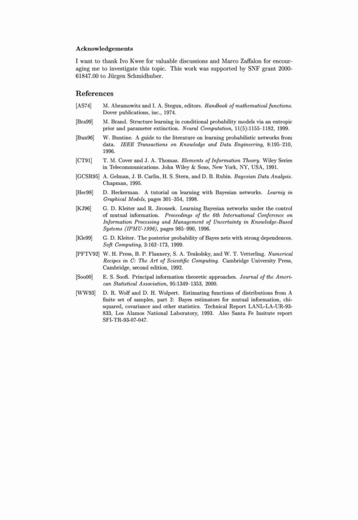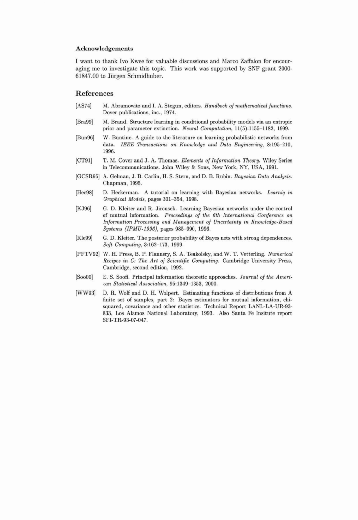Proceedings of the 6th International Conference on Information Processing and Management of Uncertainty in Knowledge-Based Systems, IPMU 1996, pages 985 to 990, 1996. G. D. Kleiter, The Posterior Probability of Bayes Nets with Strong Dependencies. Soft Computing, 3:162-173, 1999. W. H. Press, B. P. Flannery, S. A. Teukolsky, and W. T. Vetterling. Numerical Recipes in C, The Art of Scientific Computing. Cambridge University Press, Cambridge, 2nd edition, 1992.